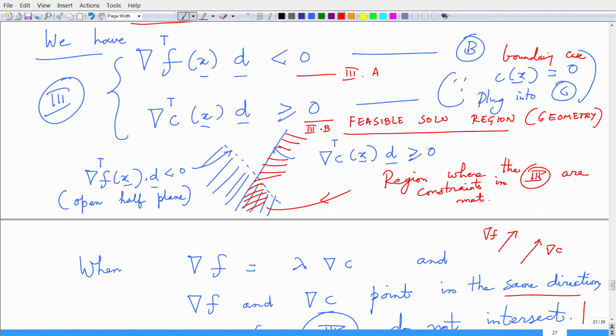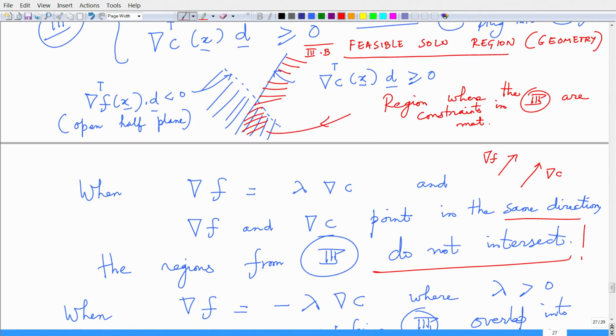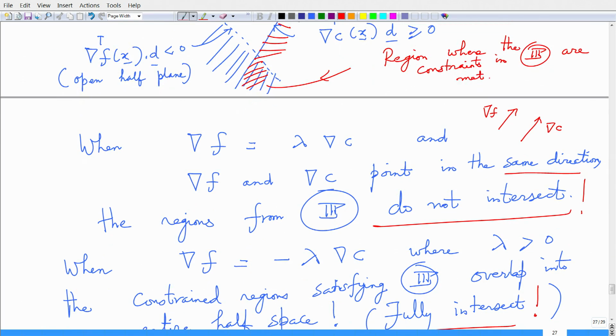So, the lambda anyway can be pulled out. So, it basically translates, using del f, I can say del f transpose d is less than 0, other condition is del f transpose d is greater than or equal to 0, and that makes no sense, because that says that they are not intersecting, right. So, therefore, the regions do not intersect when del f and del c are pointing in the same direction.